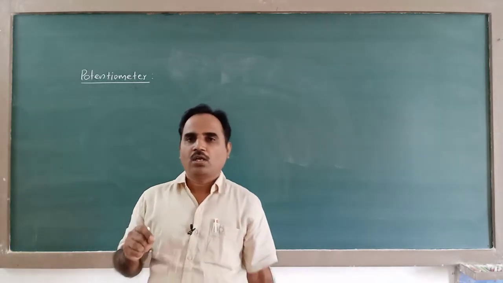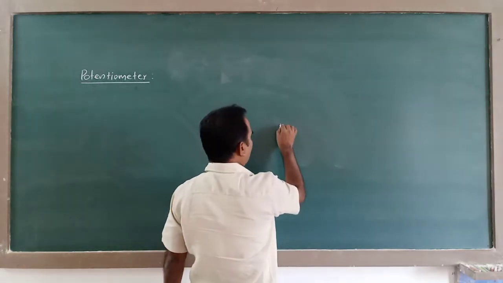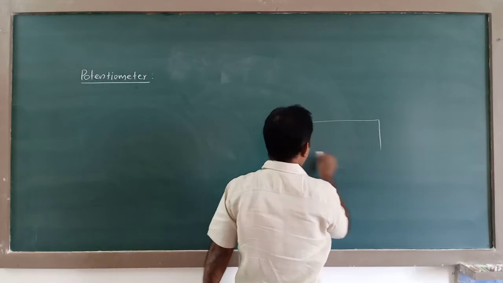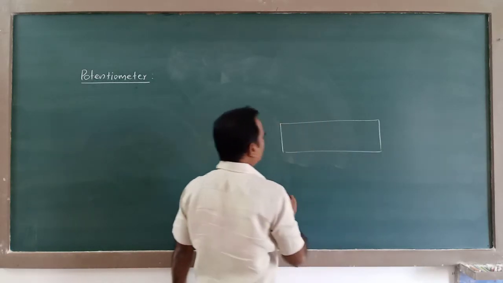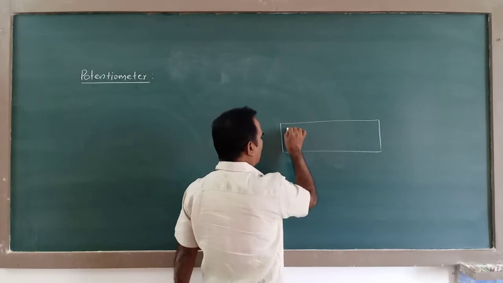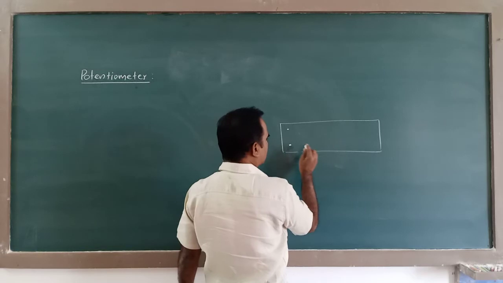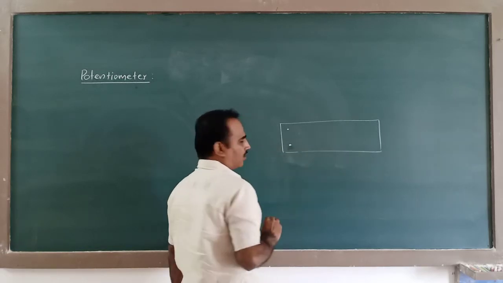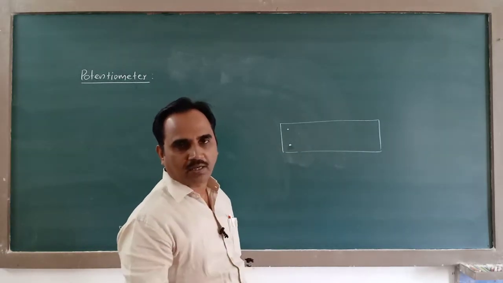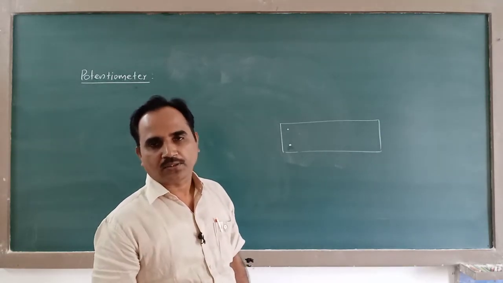A potentiometer board is a wooden board. On it, there will be two connecting terminals, and between these two terminals, a uniform wire of length 4 meter or 10 meter is stretched.